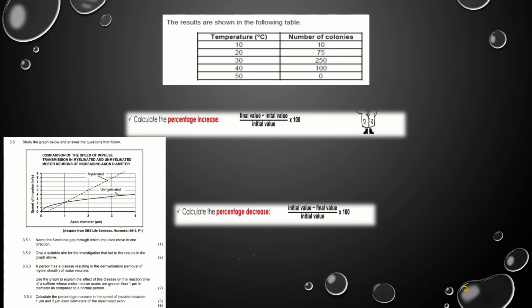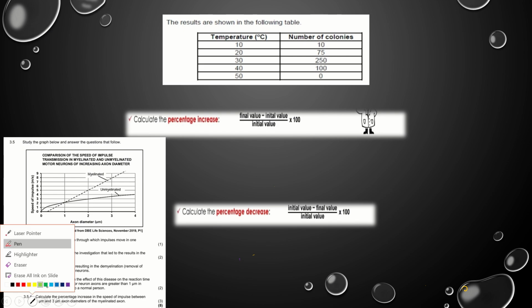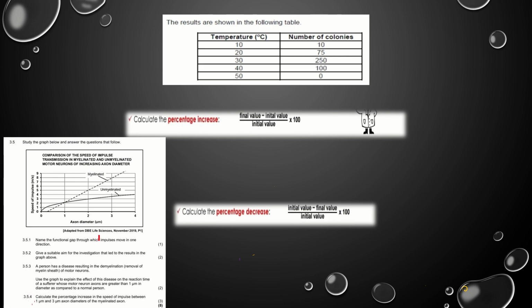The question 3.5.4 says calculate the percentage increase in the speed of impulse between, you see it says between 1 micrometer, you're going to highlight that, between 1 micrometer and 3 micrometer.